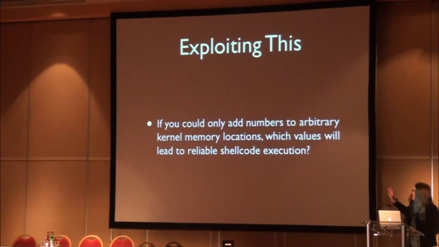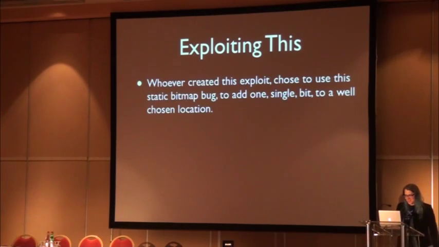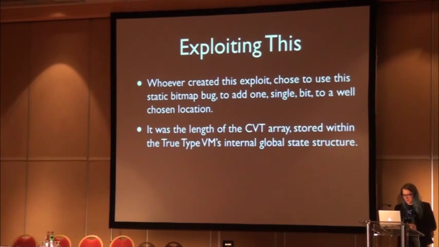I didn't really need to repeat this, but yeah. So how would you do this? Anyway, as you can see, there's only 1 bit that's getting added to memory by this exploit.